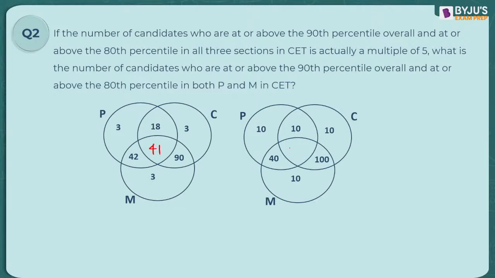I think 41 and 20. And above the 80th percentile in all three sections in CET is actually a multiple of 5. So all three sections, so we will consider this case. Okay, you have to find the number of candidates who are at or above the 90th percentile overall and at or above 80th percentile in both P and M in CET. So what will be the number here?